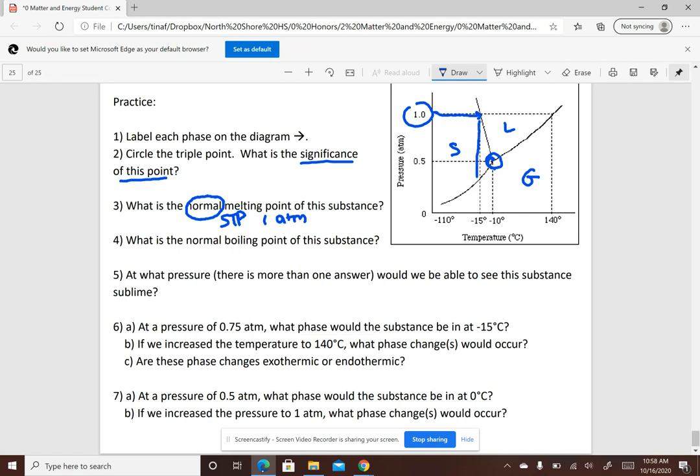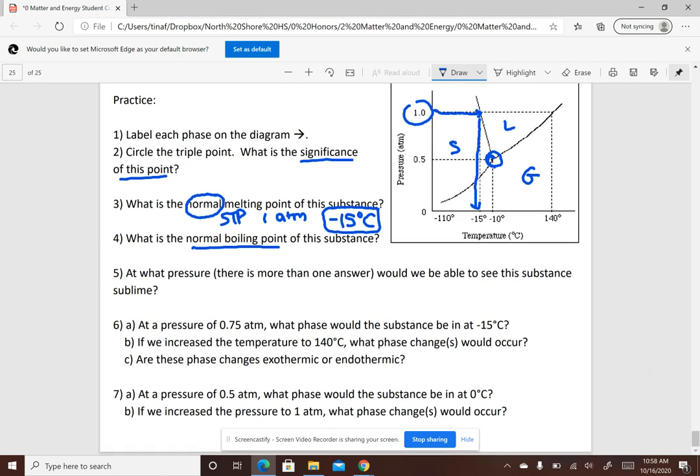And if I look down at this temperature, my normal melting point is negative 15 degrees Celsius. So the word normal just means you have to read the graph at normal pressure, which is 1 atm. Okay, I'm going to let you guys figure out what the normal boiling point of the substance is. Okay. Number 5, at what pressure would we be able to see this substance sublime? I'm going to let you guys answer this question as well.